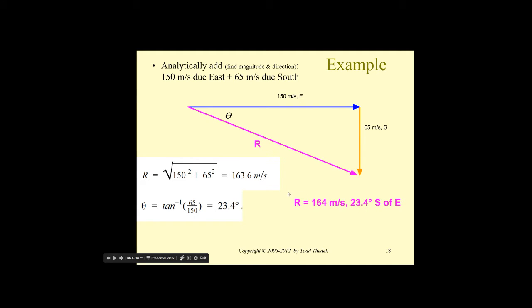So be sure you state your answer with the magnitude and the direction. Don't just leave them in the calculations, because if they're not near the drawings, I may not be able to find them. Okay, so that's our first example.